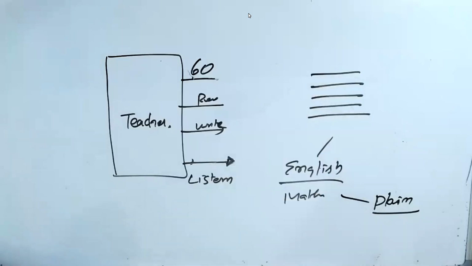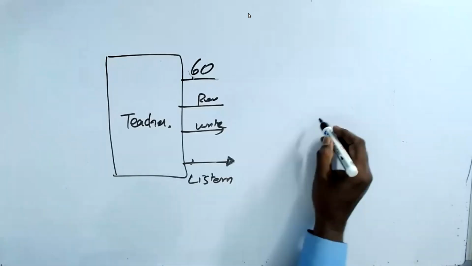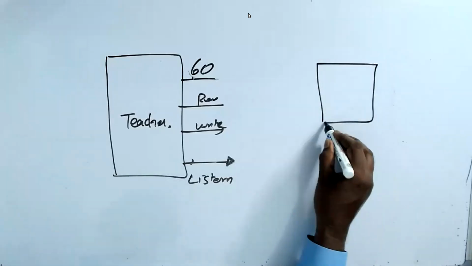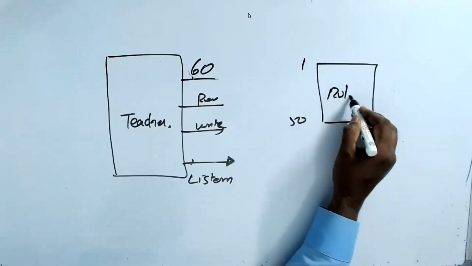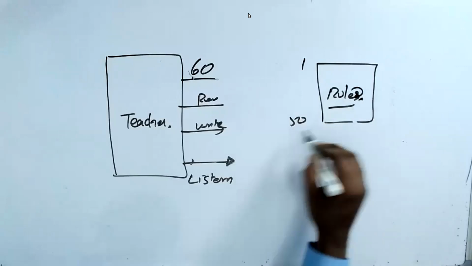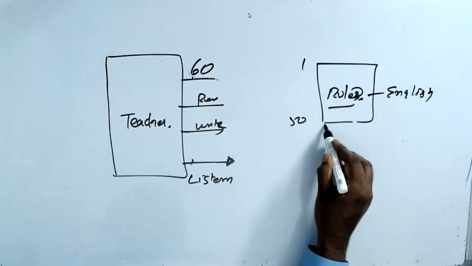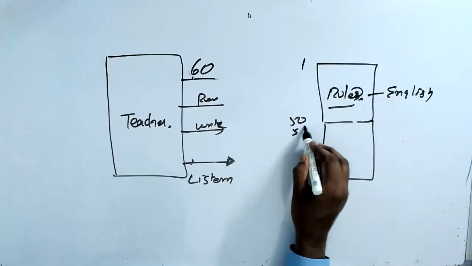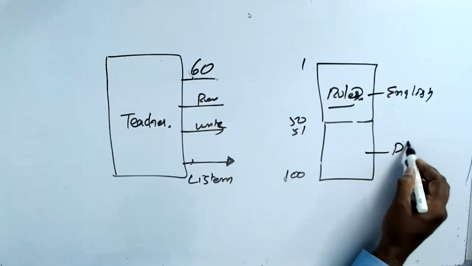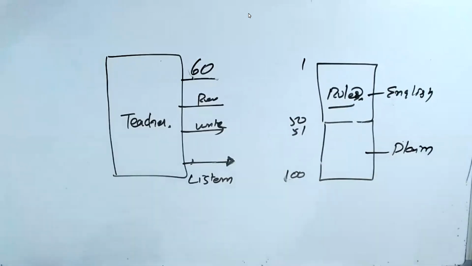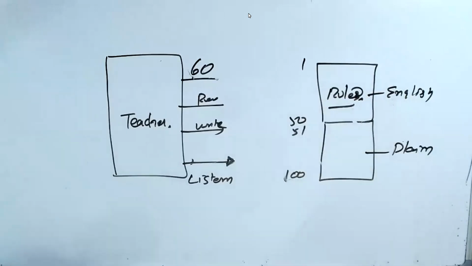So the teacher told you to bring a notebook where the first 50 pages, 1 to 50, should be ruled, that is for English, and pages 51 to 100 should be plain. Understand? There are two notebooks: one is ruled, 1 to 50, for English.